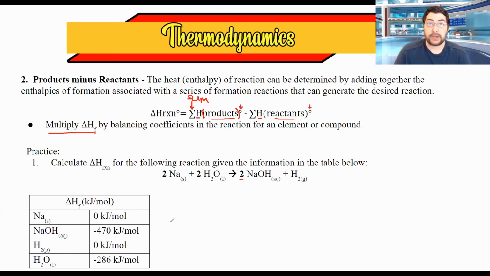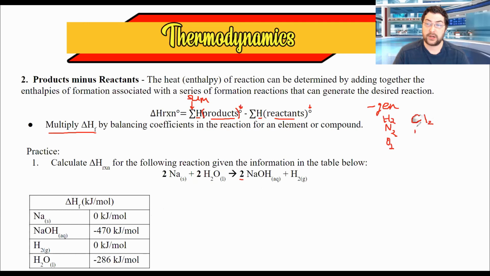One thing that we do need to mention is that a single element or a diatomic molecule, remember diatomic molecules are anything that end in gen, okay? So that would be hydrogen, nitrogen, oxygen, or any of our halogens, okay?